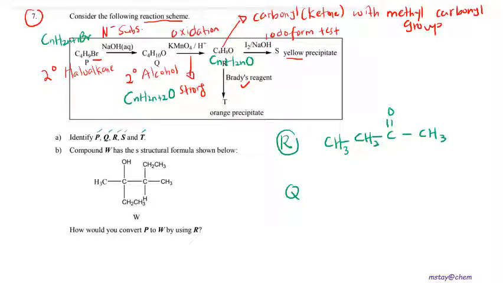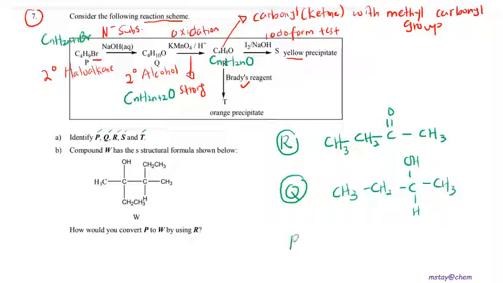Okay, and then from here we can look at Q. When the Q reacts, we know that it is a secondary alcohol. So when we reverse back the ketone, let's say it undergoes reduction to produce the Q, which is the secondary alcohol, CH3, CH2, CHOH, CH3.